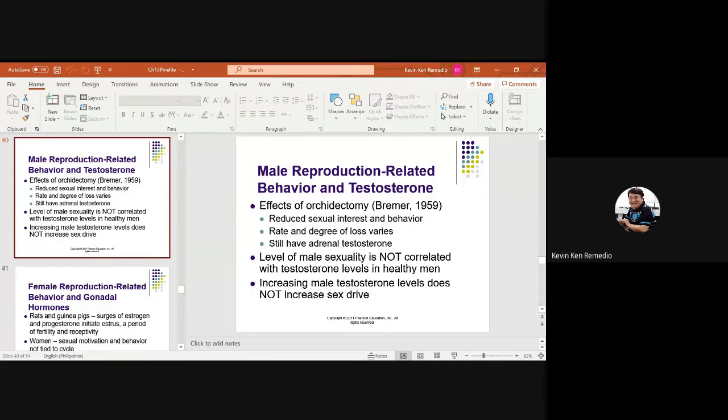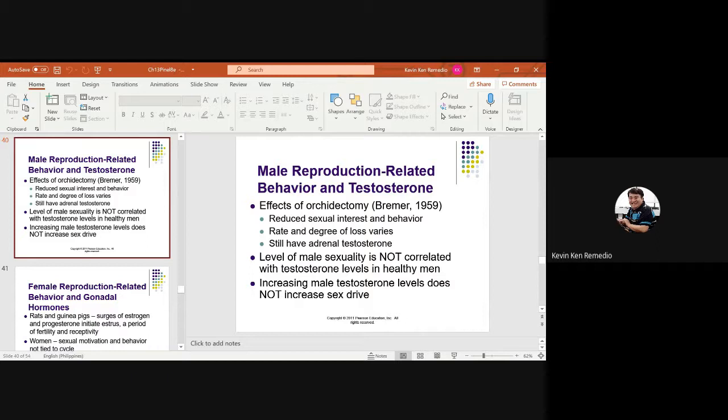In the orchidectomy, the effect was that it reduced sexual interest and behavior among males. It also removed the adrenal testosterone, but the levels were already taken. Okay? So the level of male sexuality is not highly correlated with testosterone levels in healthy men. Okay?